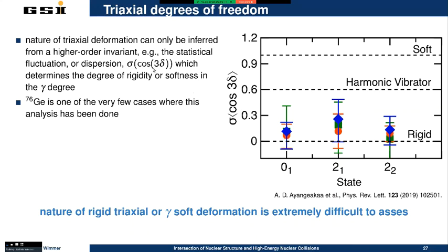So again, this needs summation over all states, but the product of 6 matrix elements. And the experimental data is shown again here, and they find that for these 3 states, where it's possible with the experimental data to assess this value, it's consistent with rigid deformation.